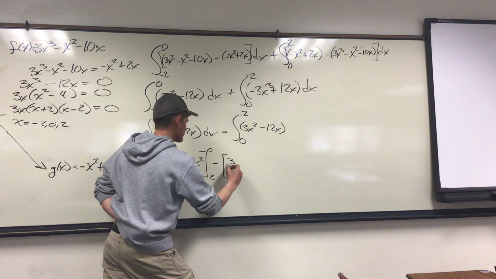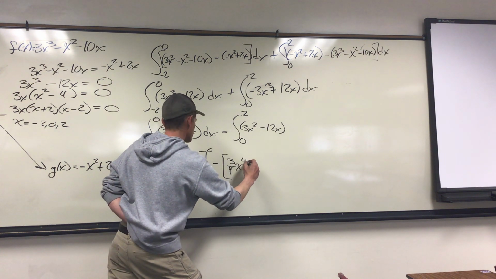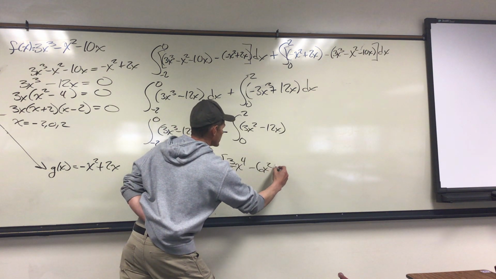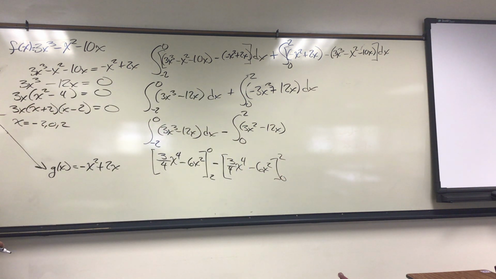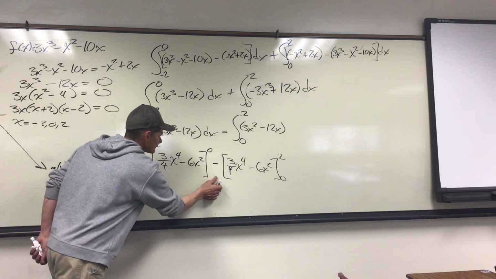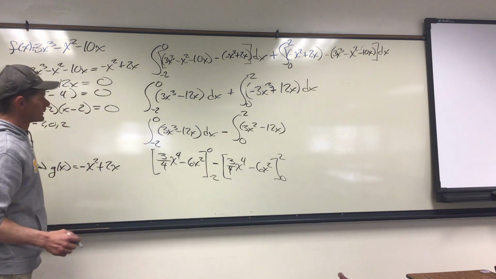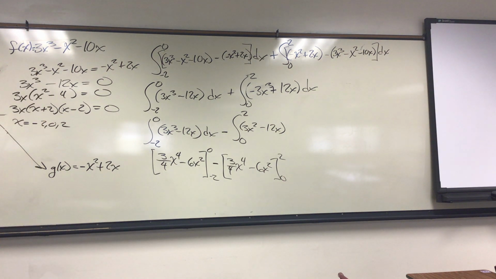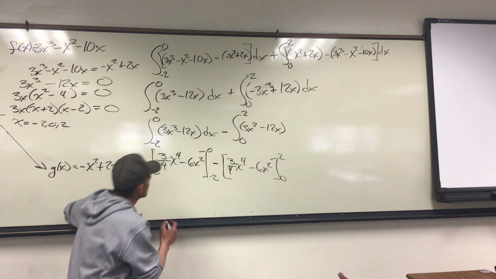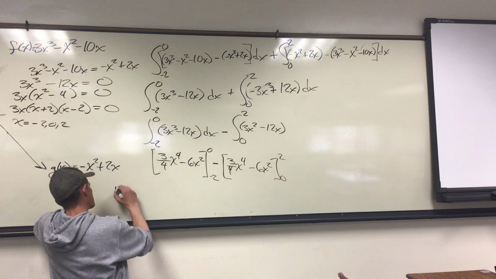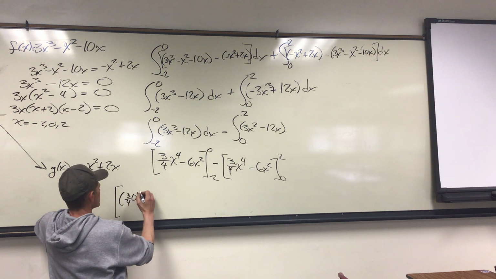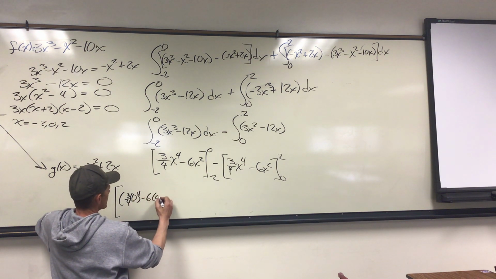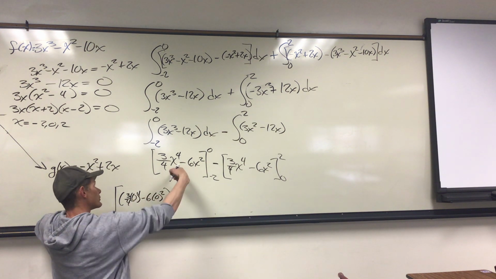Well, it's the same thing. 3/4 x to the 4th minus 6x squared. Our bounds of integration are 0 to 2. Oh, this is supposed to be minus 2 here. Okay, we're getting there. It's a little bit monotonous. The computers can do this really quick for you guys. So, I'm going to keep them in square brackets, and I'm going to say 3/4 0 raised to the 4th minus 6 times 0 squared. That's the first time when I put 0 in there.